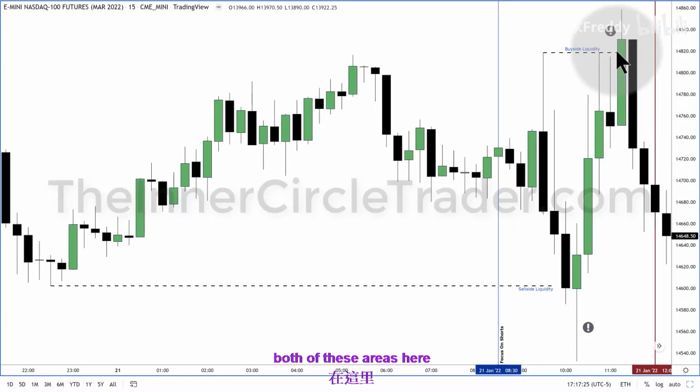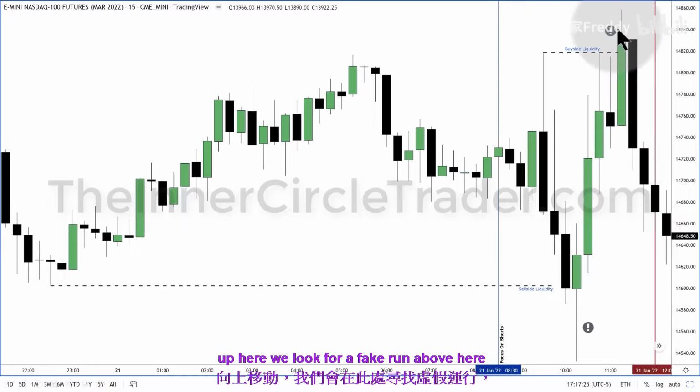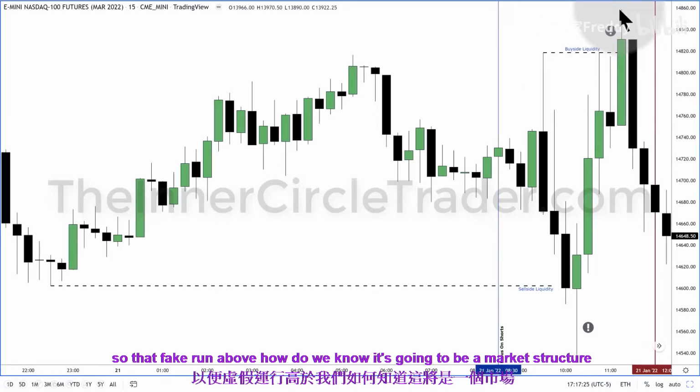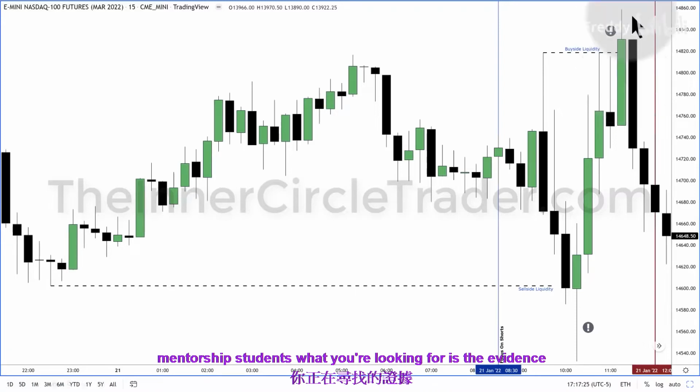All right, so we have both of these areas, here and here, where there would be a likelihood of a market structure shift. Up here, we look for a fake run above here. So that fake run above, how do we know it's going to be a bearish market structure shift? I get that question a lot, even from mentorship students.